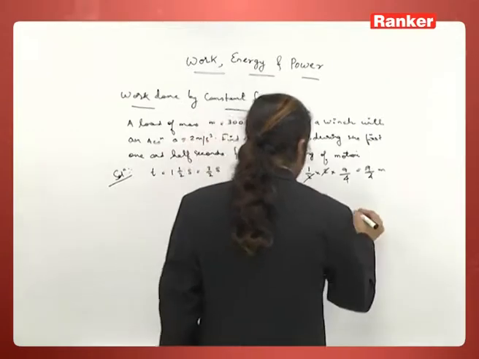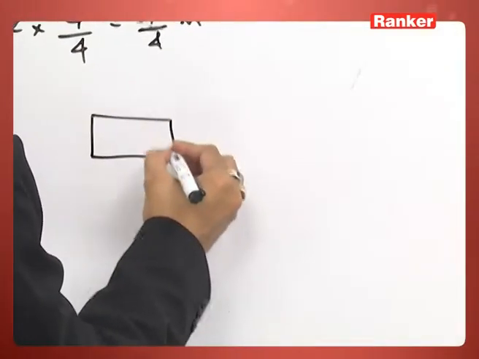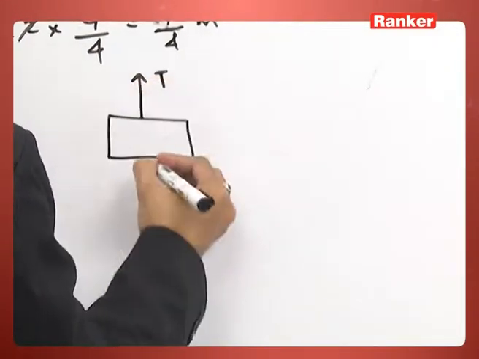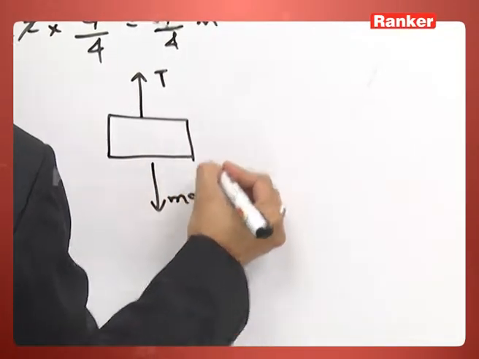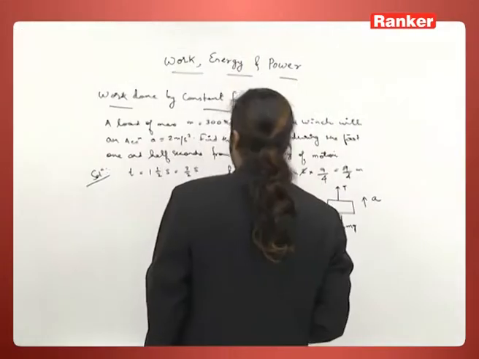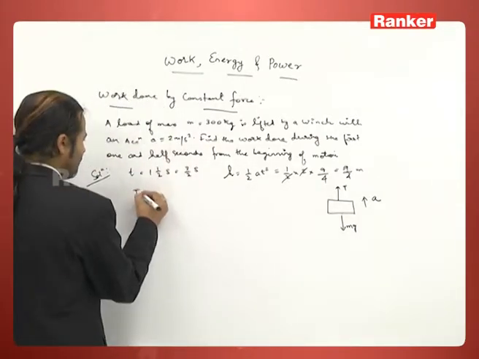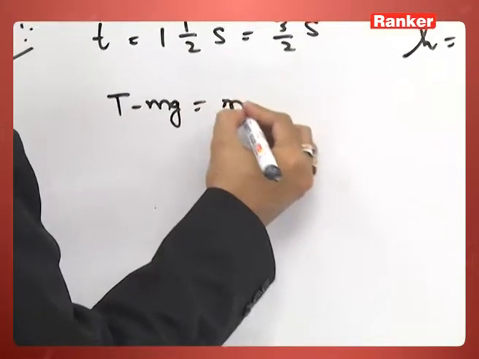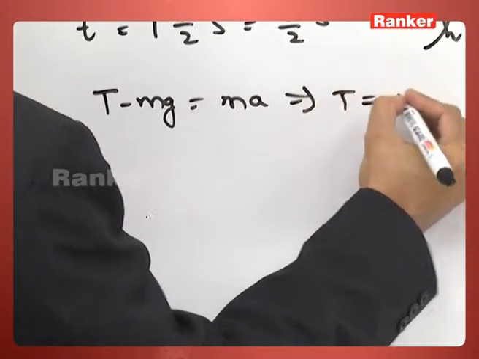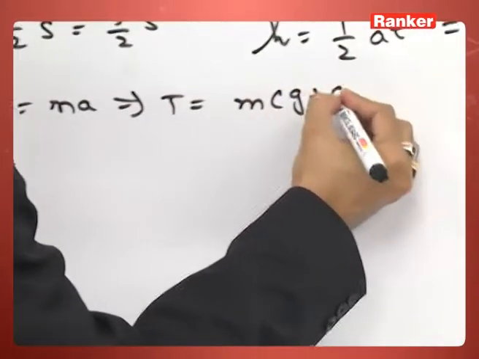Now here it is lifted, T is upward, mg is downward, acceleration is upward. So here I will write T minus mg is equal to ma, that implies T is equal to m into g plus a.